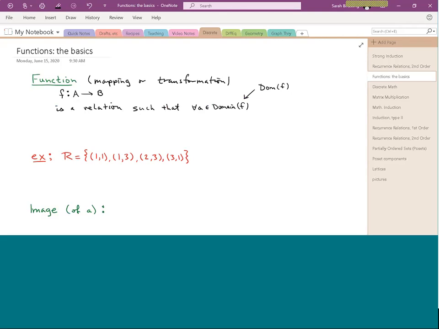It's the things you're allowed to plug into the function. In our case, A. So if you pick anybody from your building set A, anybody from your domain, then the following happens. If you look at f of A, this is exactly one element. And specifically, it is one element from that set B.